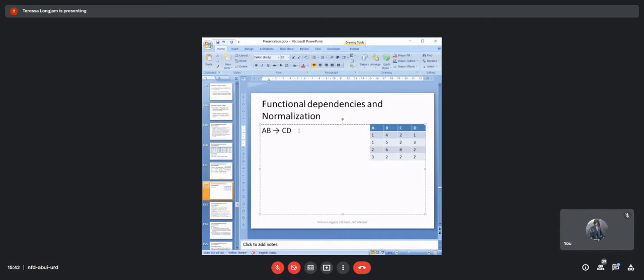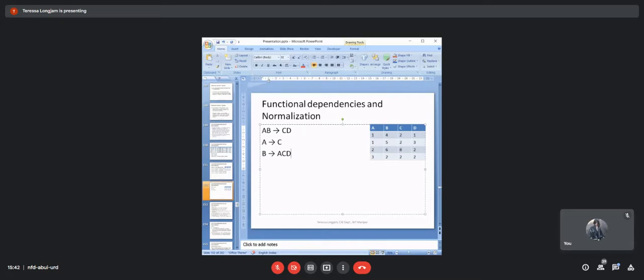Other things? Any combination of A, B, C, like B, C can determine D or A. Yeah, if you have B in the left hand side, even only B also, you will be able to determine the value of A, C, and D. Okay, because the value of B is unique.